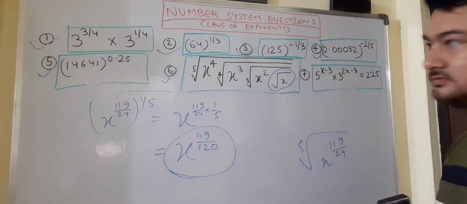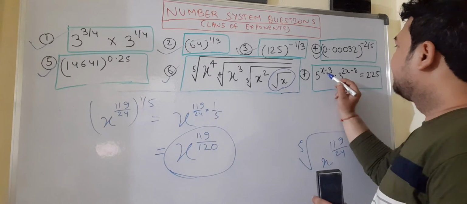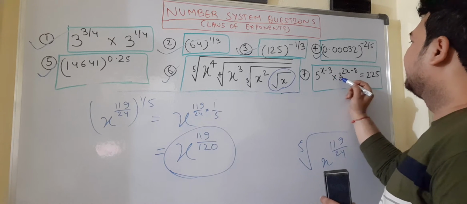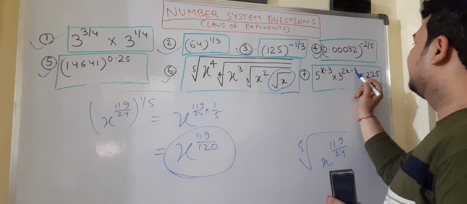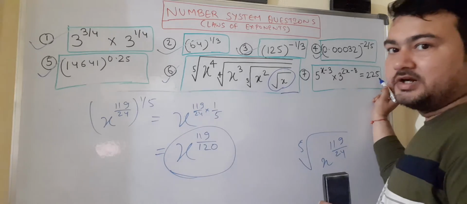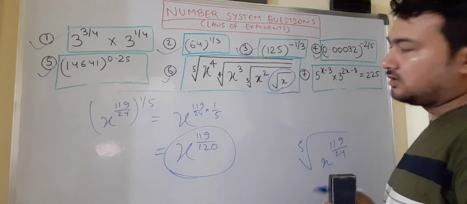Next is 5 raised to the power x minus 3 multiplied by 3 raised to the power 2x minus 8, and this is equal to 225, and you have to solve it.